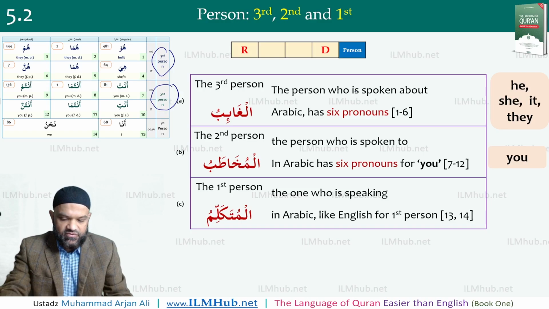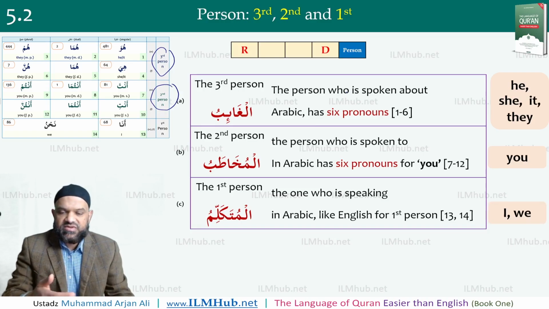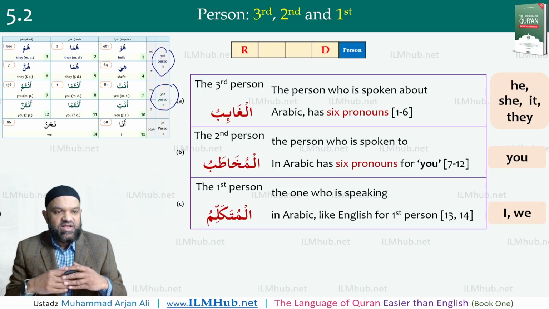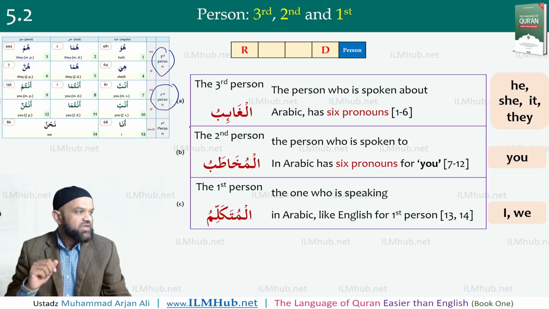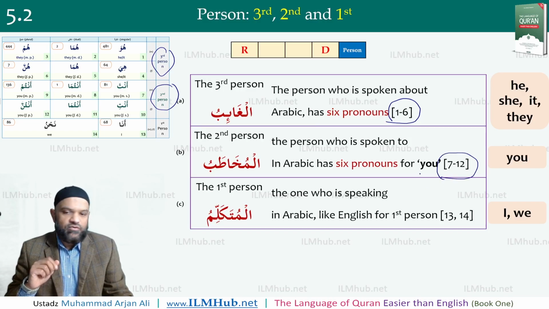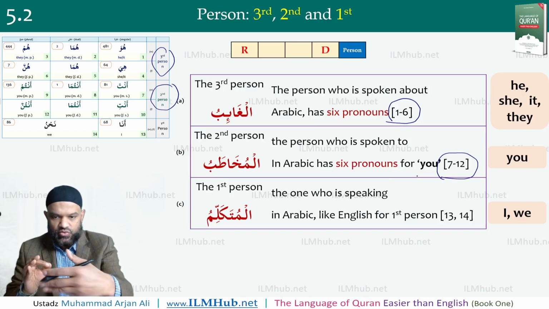And the third point, of course, about first person is when I'm speaking. I'm the first person, I or we. Both masculine and feminine use that, and therefore we have only 2. So they have been numbered, just for your point to note: 1 to 6 for third person, 7 to 12 for second person, that's you.